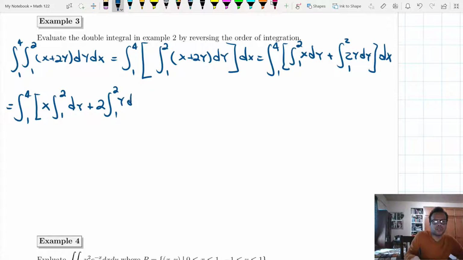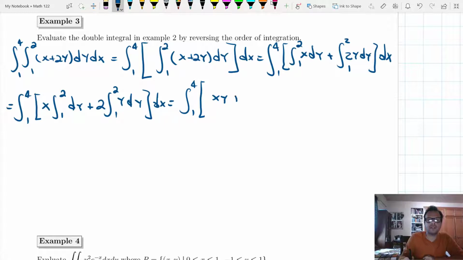And then I'm going to integrate these two with respect to y. The integral from 1 to 4, the outermost integral, is going to be xy plus 2y squared divided by 2.